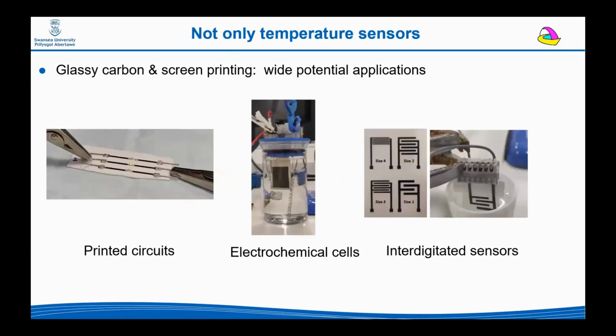Of course, here I presented the sensors, but our vision and long-term point is not only temperature sensors. A key area of interest is the development of printed circuits. And in this sense, there is a challenge. You spoke before about low temperature bonding. One possible potential is higher temperature bonding with glassy carbon.